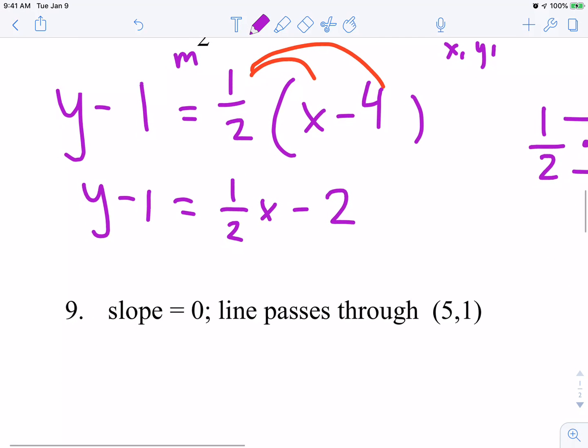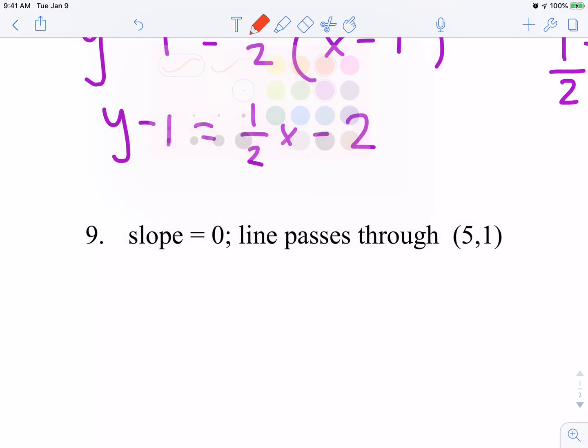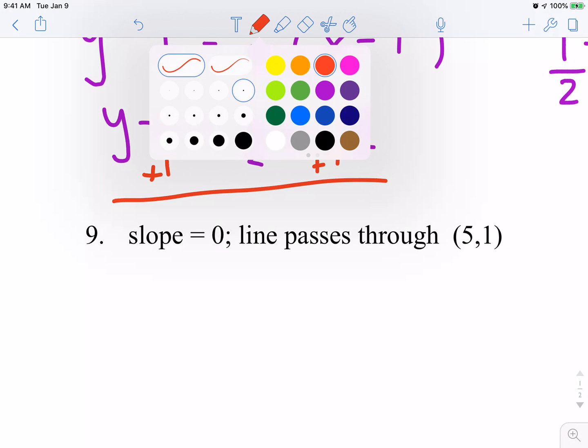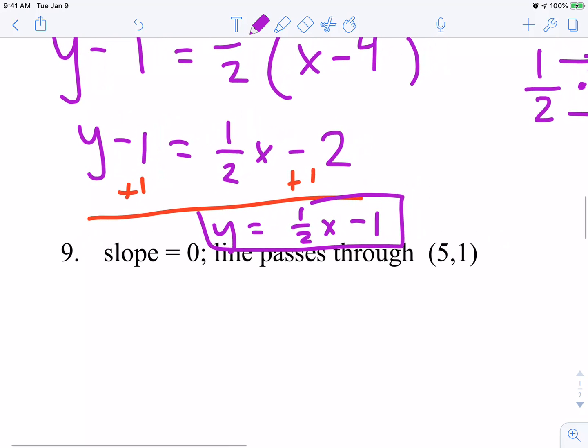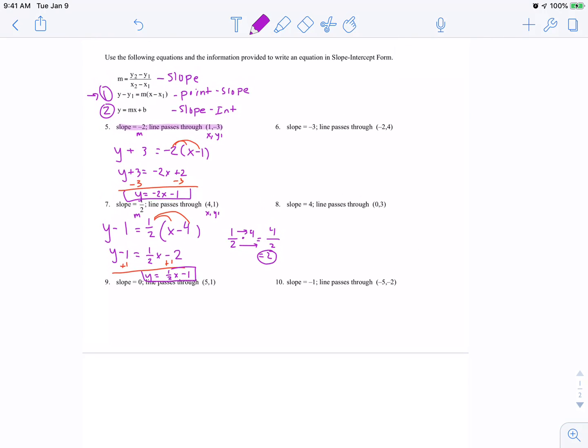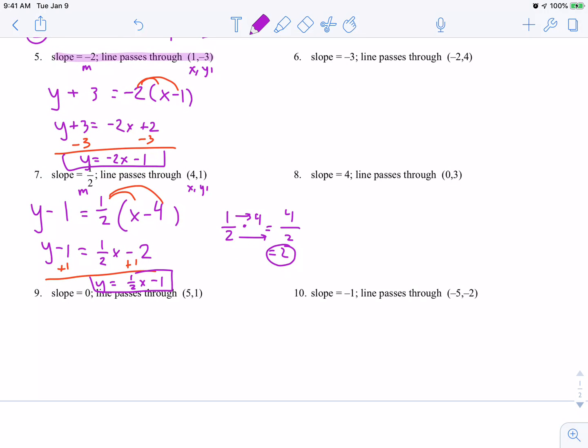That's how I got this 2. To finish it off, plus 1 to both sides, and you're going to get y is equal to 1/2 x minus 1. So I want you to try the rest.